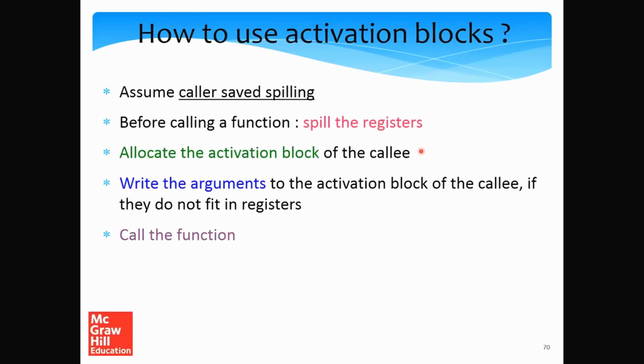But if there are more than one or two arguments, then these arguments need to be passed via memory. And the way we do that is we write the arguments inside the activation block of the callee, and then we call the function. So just to illustrate how this works, let me draw a small diagram.